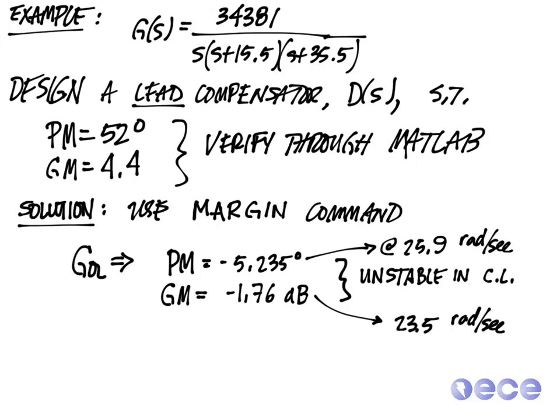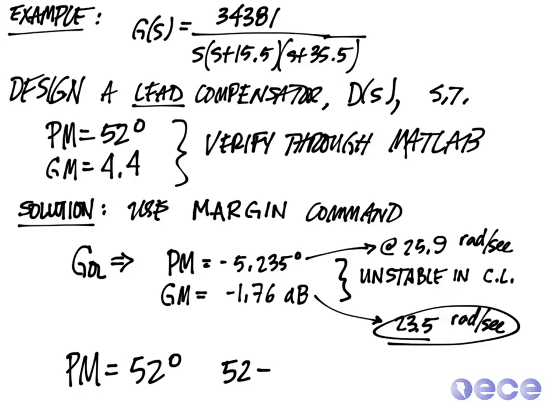So, with MATLAB, we can see that our omega c comes from here, 23.5 radians per second. And our goal is to get phase margin equal to 52 degrees. And so we calculate the gain that we need, 52 minus (-5.235) gives us about 57.2 degrees.